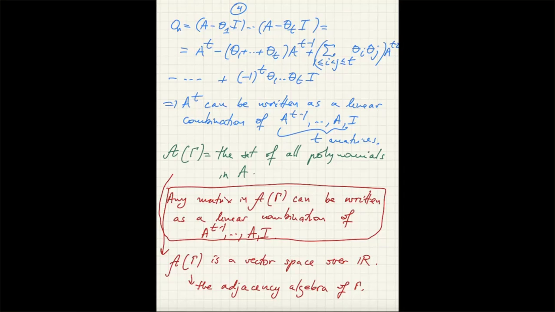This set of A^(T-1) all the way to identity is a basis, and therefore the dimension of this adjacency algebra equals T. It's the number of distinct eigenvalues. So we have this adjacency algebra, and its dimension equals exactly T.